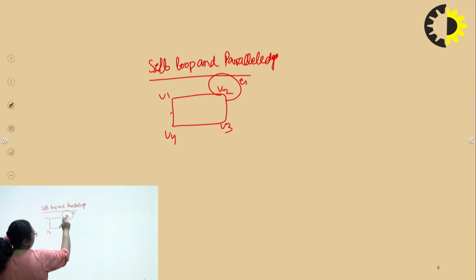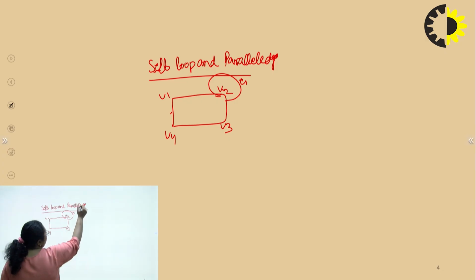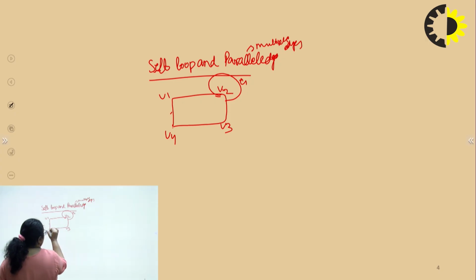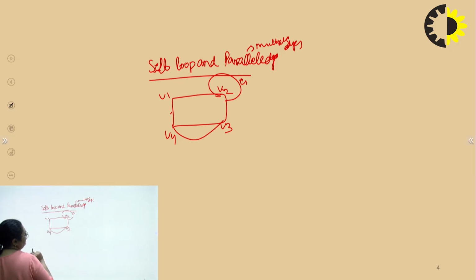So an edge starting from a vertex and ending on the same vertex is termed a self loop. Next are parallel edges, or multiple edges. This is a parallel edge. Edges between the same pair of vertices are said to be parallel edges.